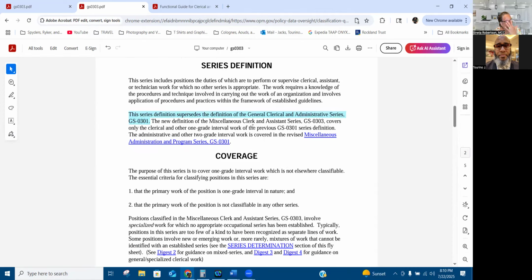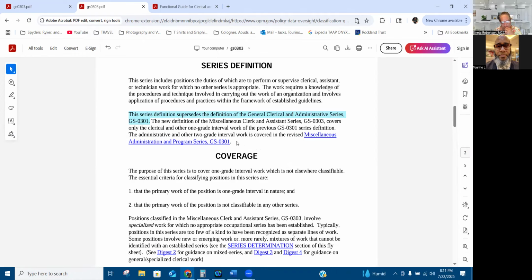The new definition of the miscellaneous clerical 303 covers only the clerical and one grade interval work of the previous 301 series. Administrative, two grade interval work is covered under the revised miscellaneous 301.